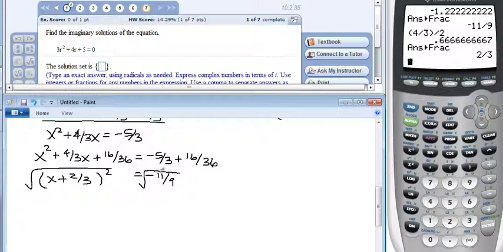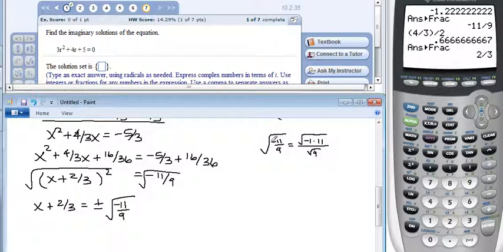See how I'm getting some imaginary stuff in here? All right, so now I've got x plus 2/3 on this side is equal to plus or minus radical negative 11/9. All right, so we better clean that baby up, huh? Let's go over here and do it. If we have negative 11/9, we can split that up into negative 1 times 11 and 9.